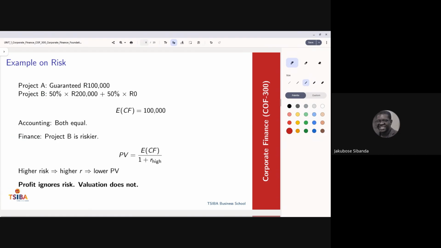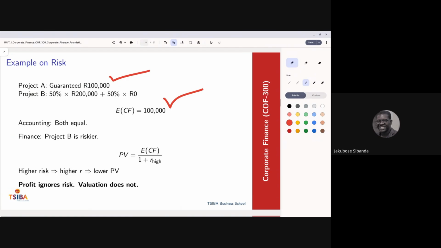When we are calculating what we expect, we look at different scenarios. Scenario one is you might be successful. Scenario two, unsuccessful. So that's why it's a 50-50 in this case. The expected cash flow in this case would be 100,000. But in project A, you are guaranteed 100,000.